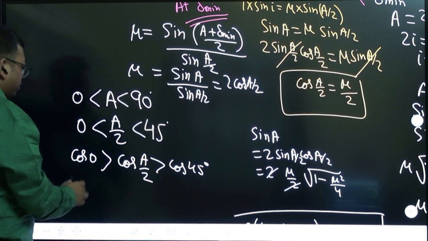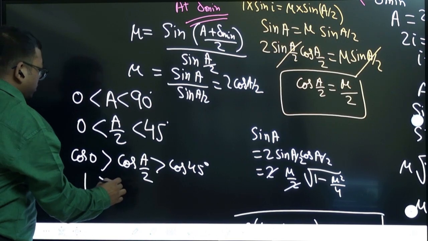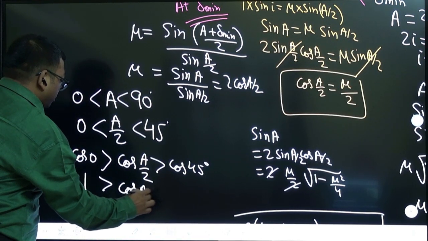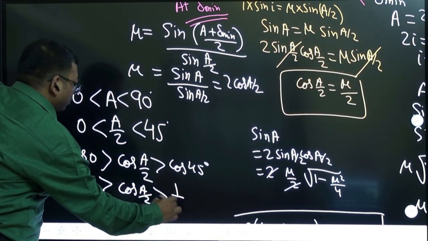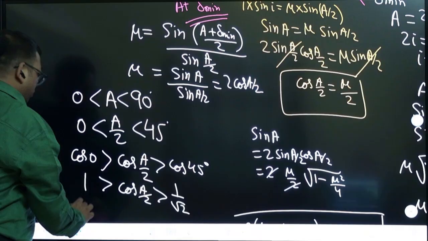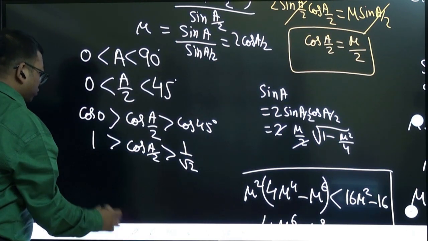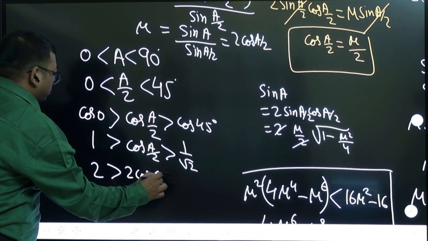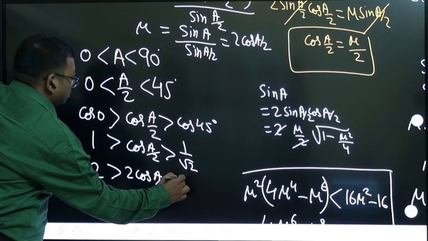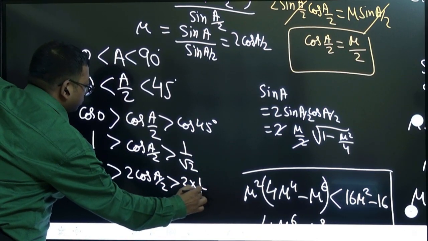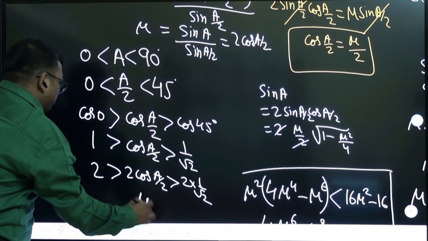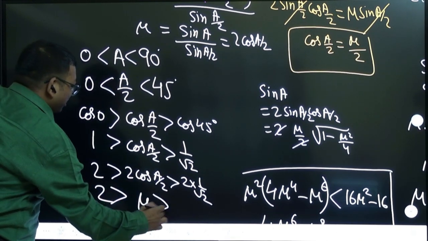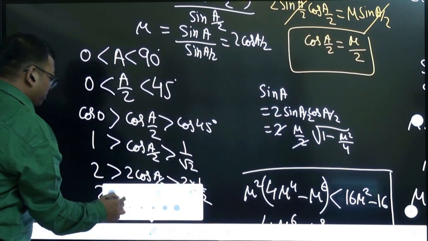The sign will reverse. That means cos A by 2 will be greater than 1 by root 2. Then I multiply with 2, so 2 cos A by 2 is greater than 2 times 1 by root 2.